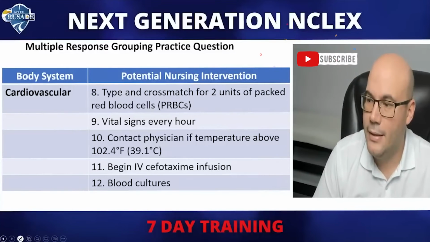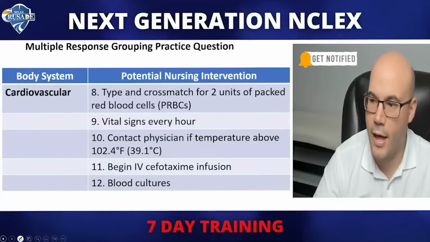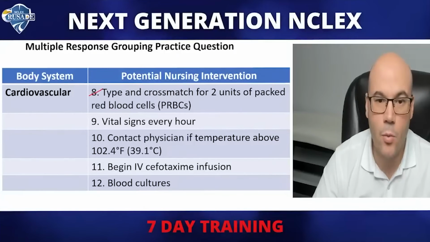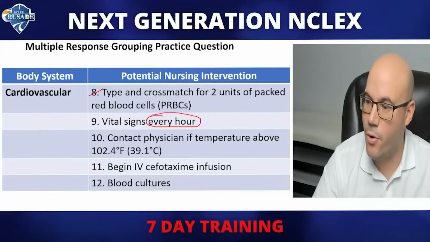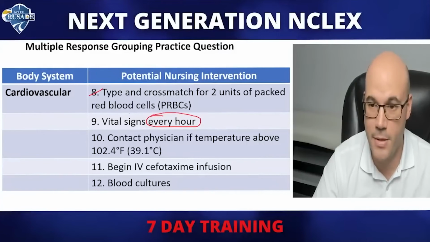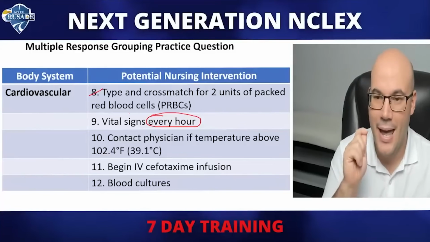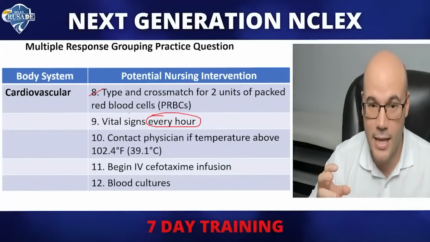So number 8, type and cross match for 2 units. No need for that. Number 9, we see that time frame again. Vital signs every hour. You see how the time frame is important? Every time you see it, the time frame is going to be a factor that is going to change the answer.